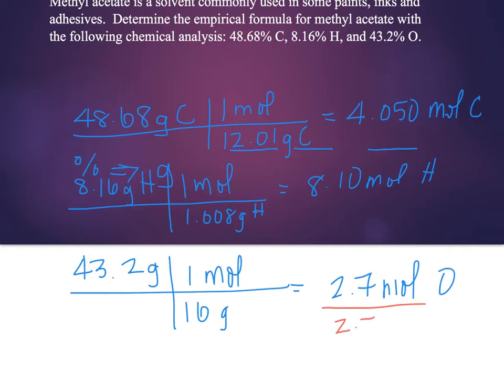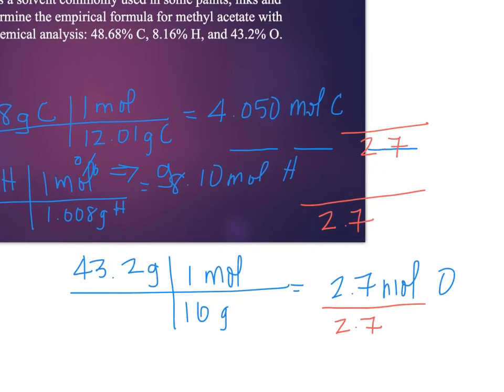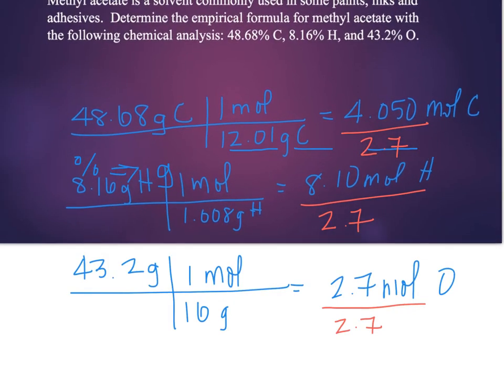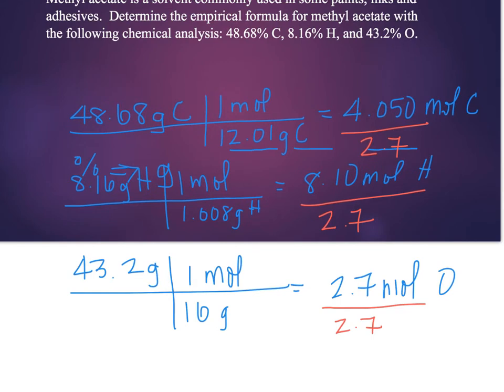That means that one of my ratios is going to have to be 1. So when I simplify that, that is going to give me 4.05 divided by 2.7 is 1.5.